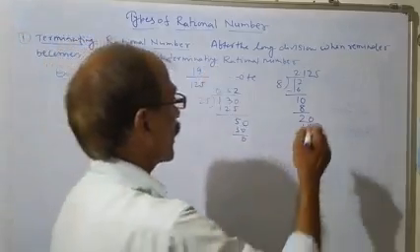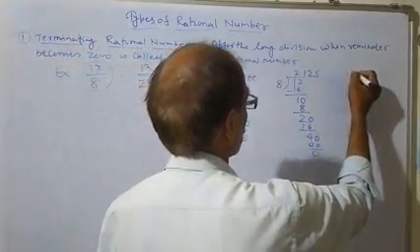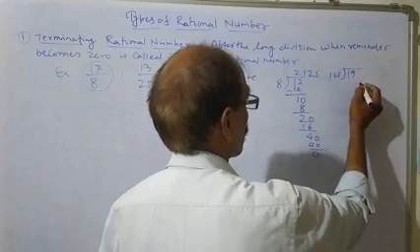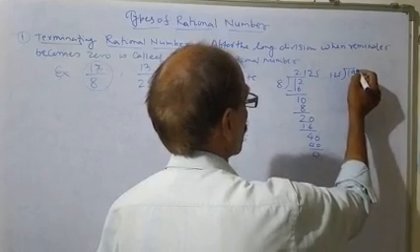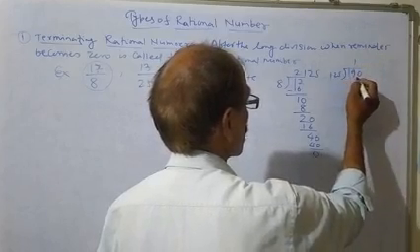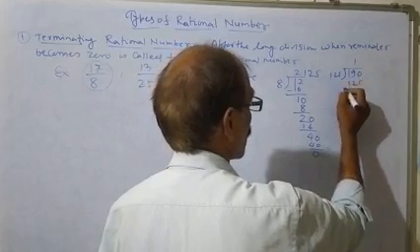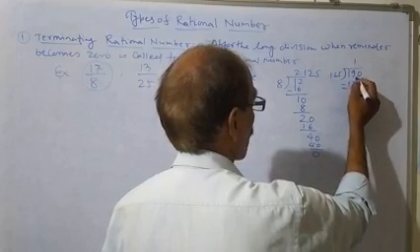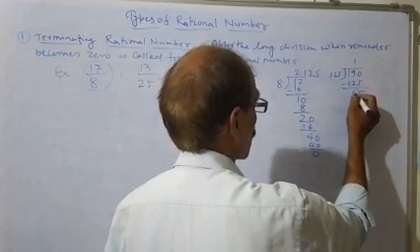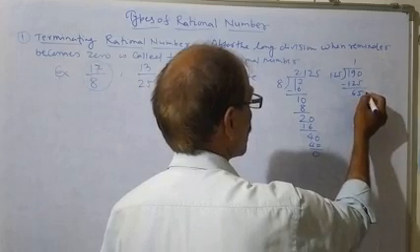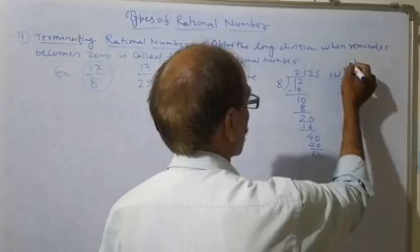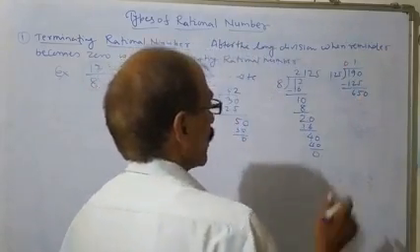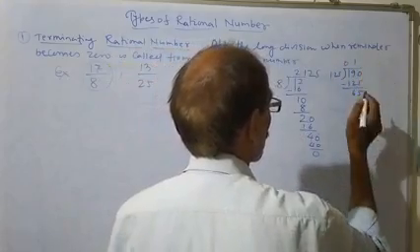Third number, 19 upon 125. 19 divided by 125. Placing the 0, 1 times 125 into 125. 10 minus 5 is equal to 5. 8 minus 2 is equal to 6. Again taking 0. Here is the 0.1. Again taking 0.